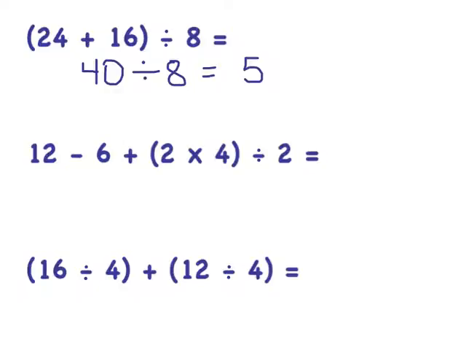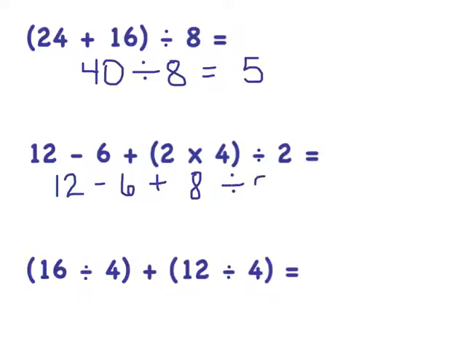I see 12 minus 6 plus parentheses 2 times 4 close parentheses divided by 2. Are there any parentheses? Yes, there are. So I want to do this part first. And 2 times 4 is 8. Now I just want to bring down the rest of this problem so I can see the next operations.